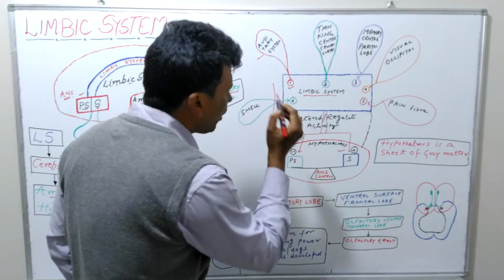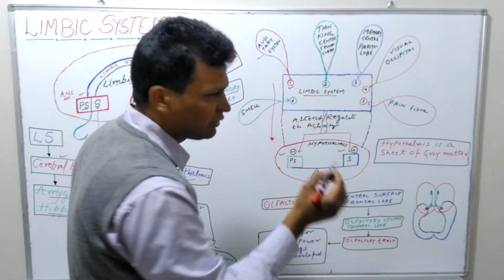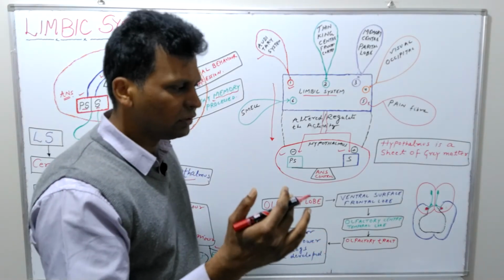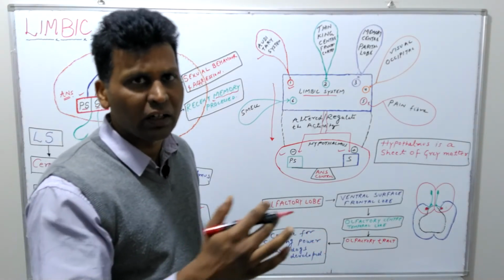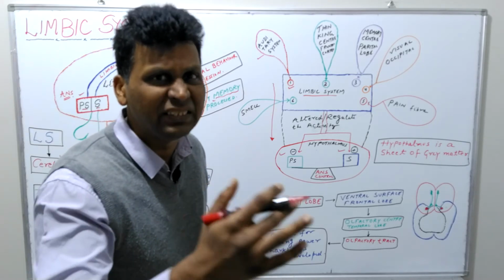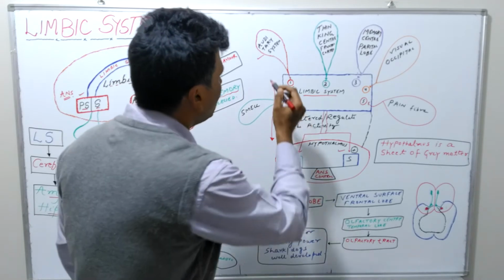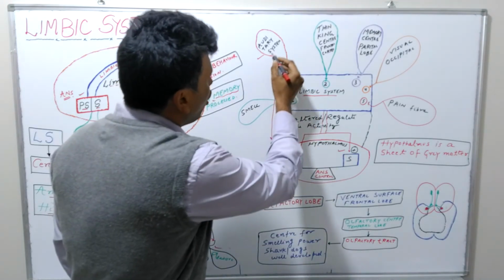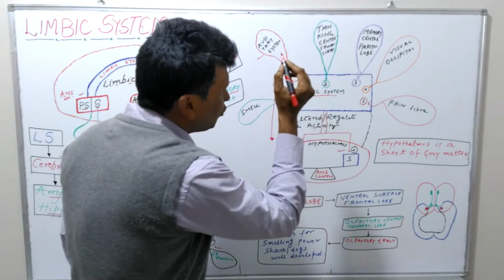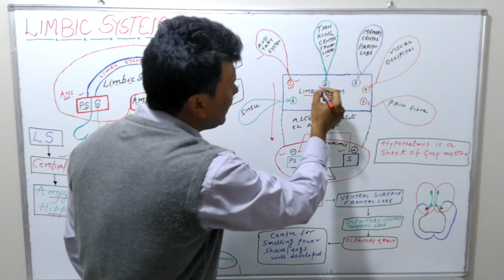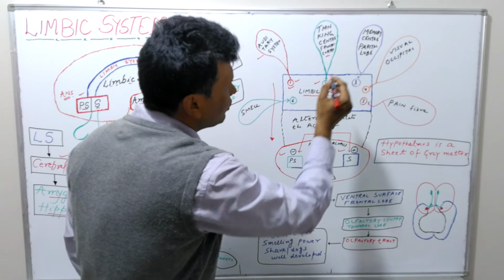So all the information, for example, the dog is coming to you and you feel it is very unfriendly and unpleasant, and it is going to bite you. The auditory system signal comes to the limbic system. The thinking center, which is your frontal cortex, also comes to the limbic system.